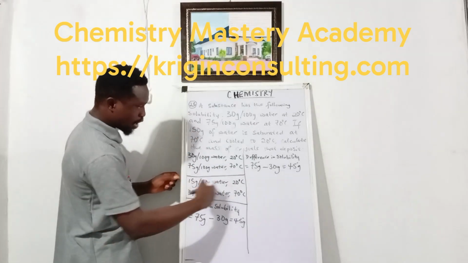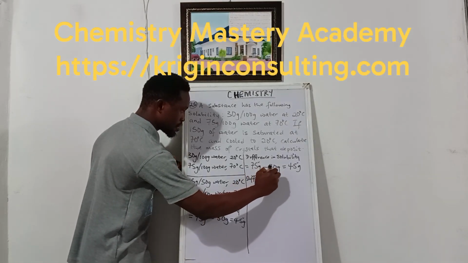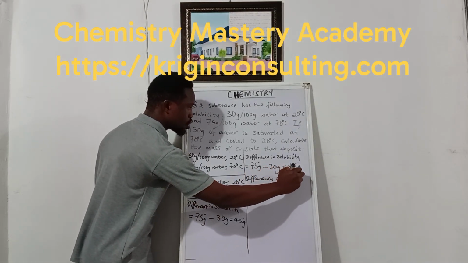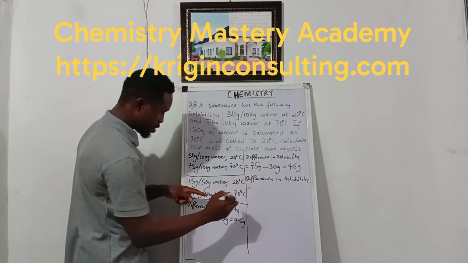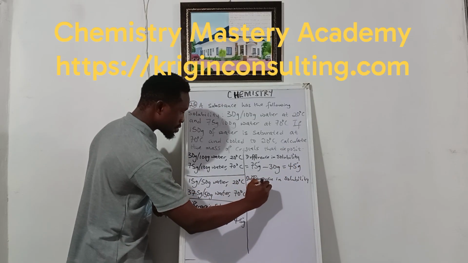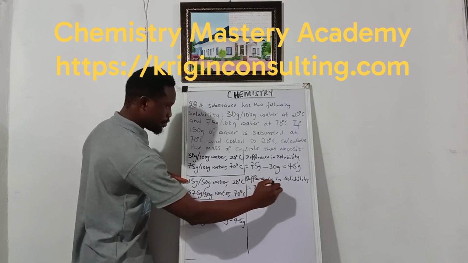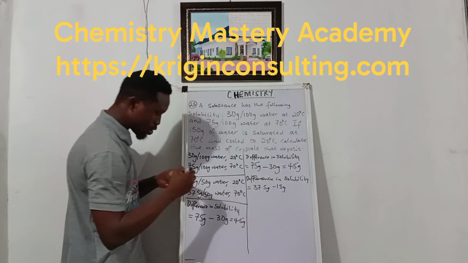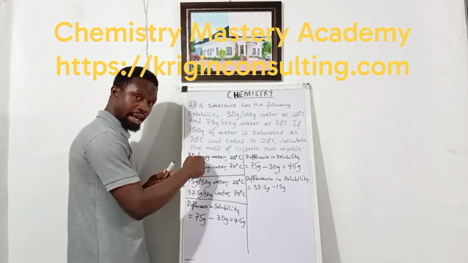Okay, so let's continue. So now, we'll come to this side. Look for the difference in solubility. So the difference is what? 37.5 grams minus 15 grams. Take note, this one is for 50 grams of water, which we got from here.